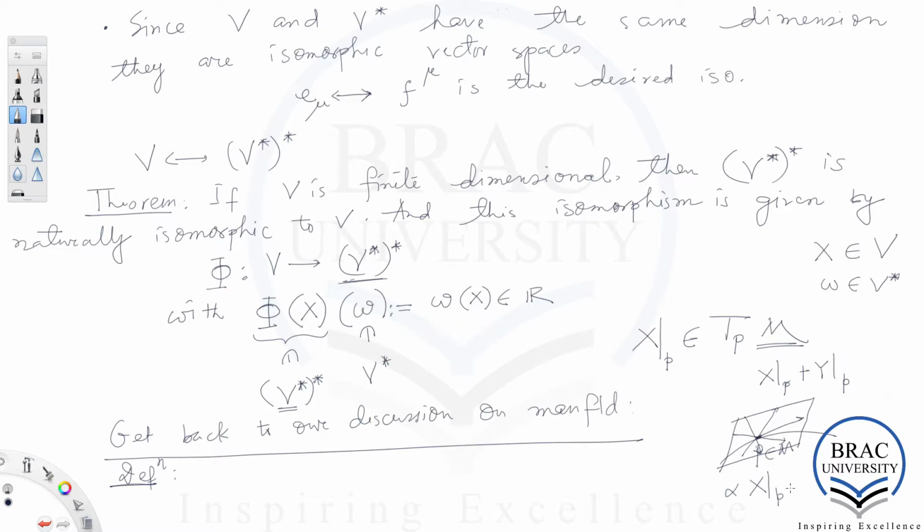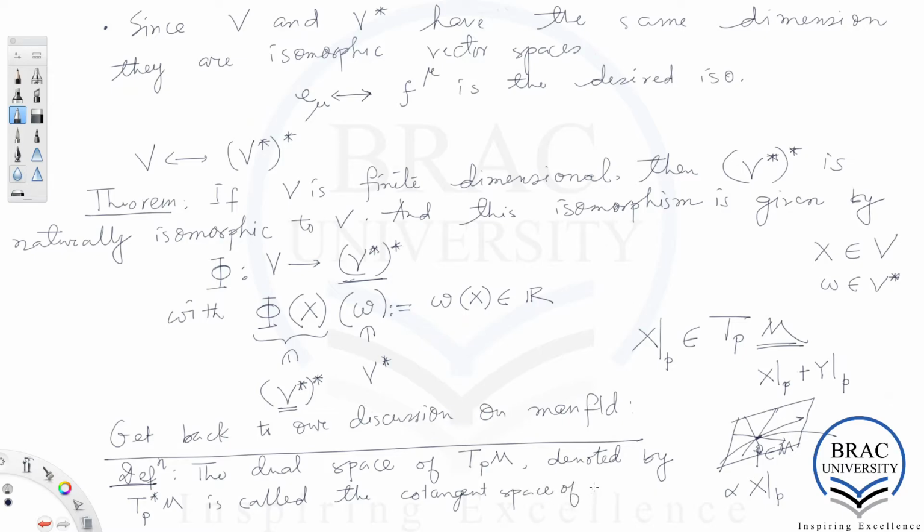Now the dual space of TPM, denoted by TP star M, is called the cotangent space of M at P in M. So we gathered the generic notion of a dual vector space earlier.